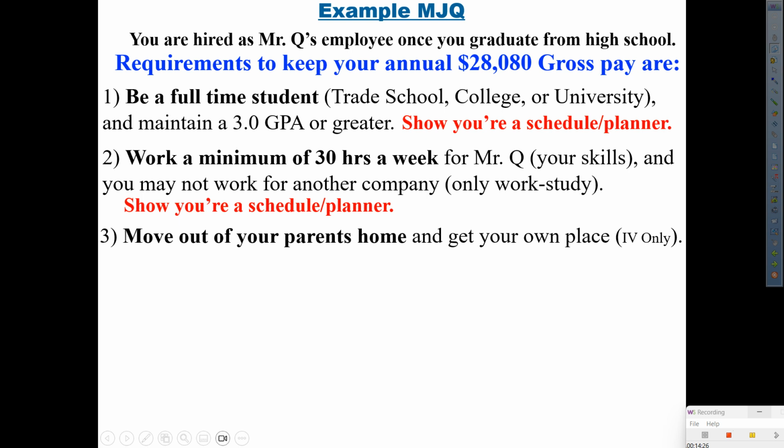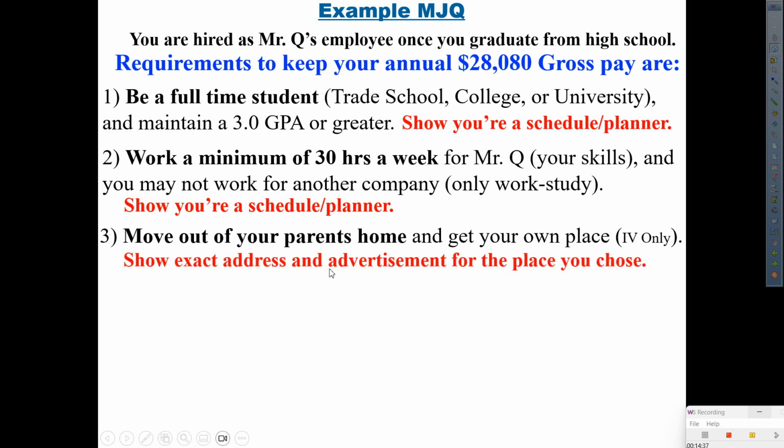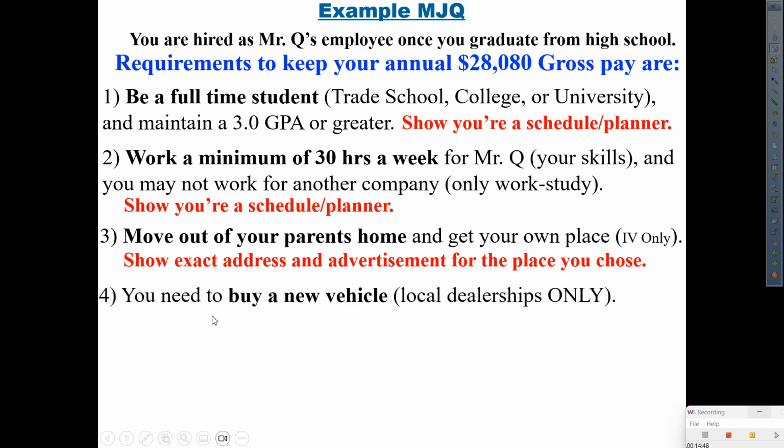No, you guys need to be detailed. You need to move out of your parents' home and you need to show me the exact location where you were moving and show me where you got that, what advertisement and such. Being that you turned it in electronically, you could have taken a picture and shown me that, yes? Okay, good.